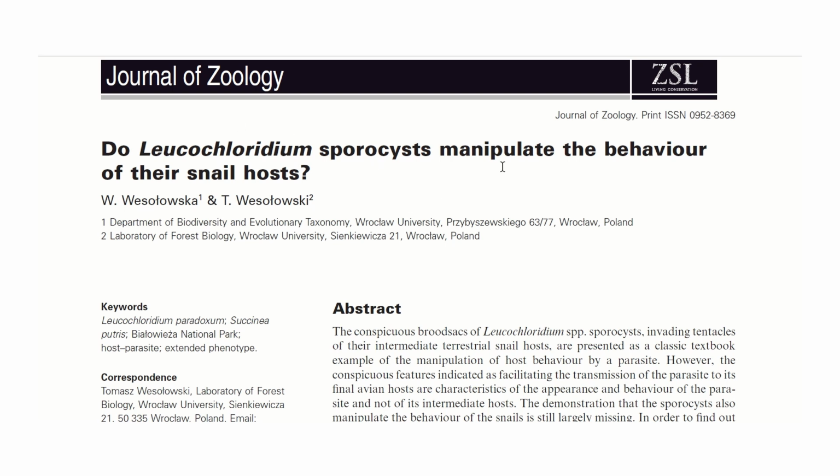And we want to determine manipulation. Does this thing manipulate? Now, this article is awesome because the title of the article is a question. So it actually tells you what the question is. Does Leucochloridium sporocyst manipulate the behavior of the snail host?